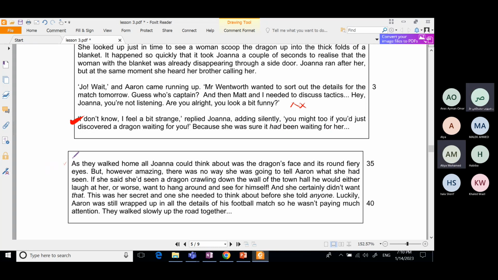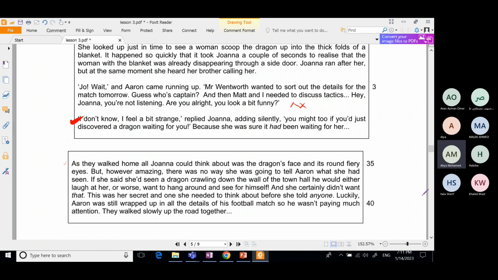As I walked home, all Joanna could think of was the dragon's face and its round fiery eyes. But however amazing, there was no way she was going to tell Aaron what she had seen. If she said she'd seen a dragon crawling down the wall of the town hall, he'd either laugh at her or worse, want to hang around to see for himself.